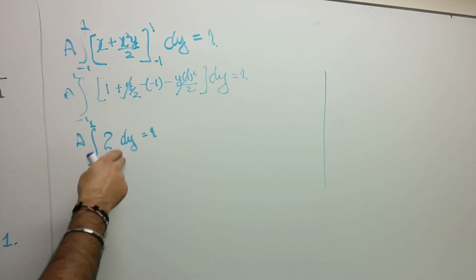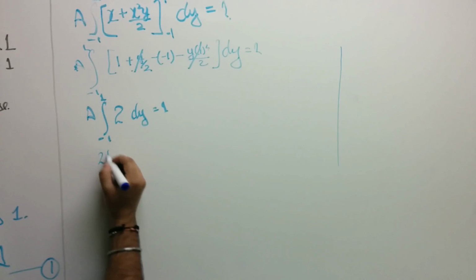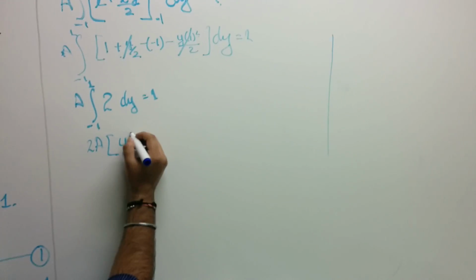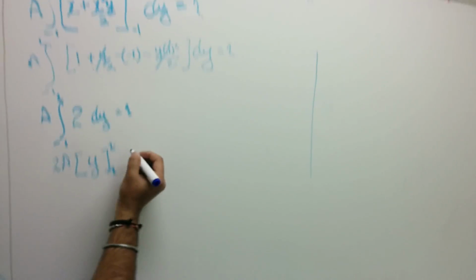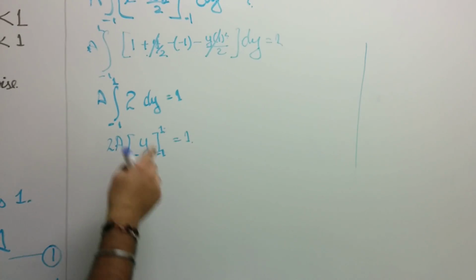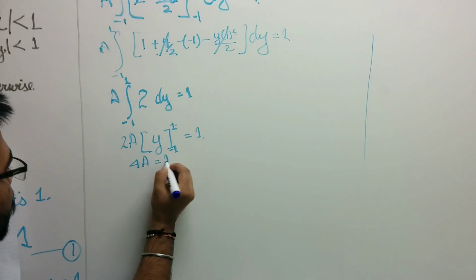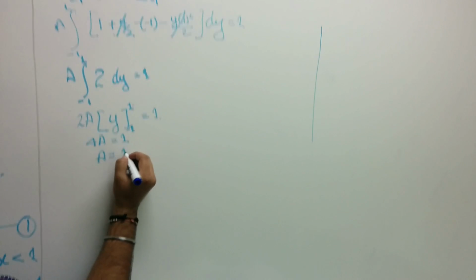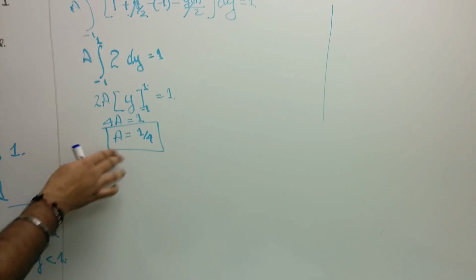Now we will integrate with respect to dy. On integrating, we get the value from -1 to 1 equal to 1. So putting the values and solving, we get 4a equal to 1. That's why a equals 1 by 4. So we get the value of the constant a as 1 by 4.